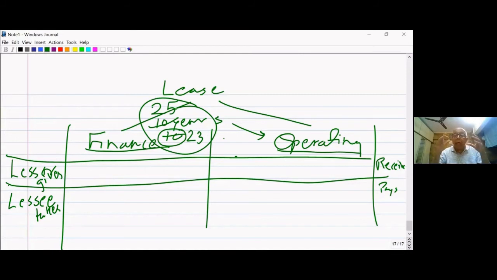Now there can be some tricks which get played, which in substance show that it is given and taken on rent, but actually it is a sale. So let us look at some of the tricks which are used.